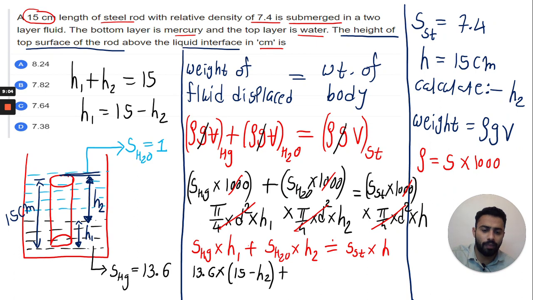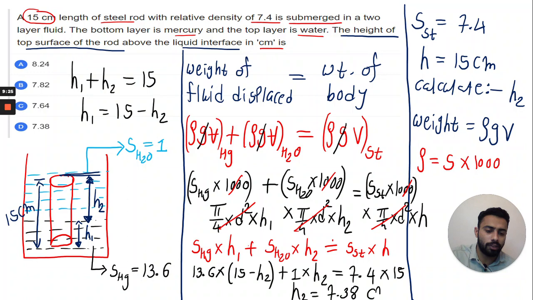plus specific gravity of water is 1 multiplied by H2. Specific gravity of steel is given, which is 7.4, and the total height of cylinder is 15. So the only unknown in this equation is H2, and when we solve, we will get H2 as 7.38 centimeter. H2 is how much? 7.38 centimeter.